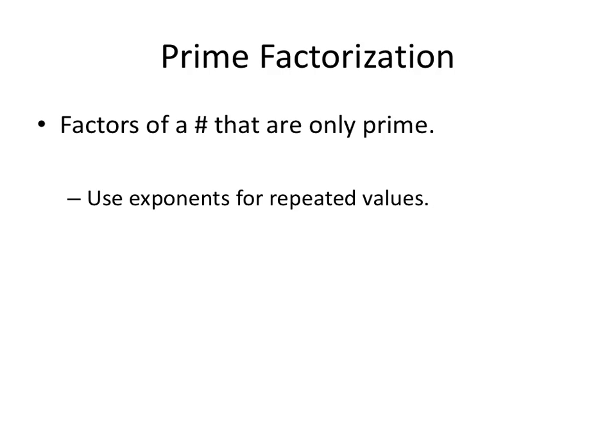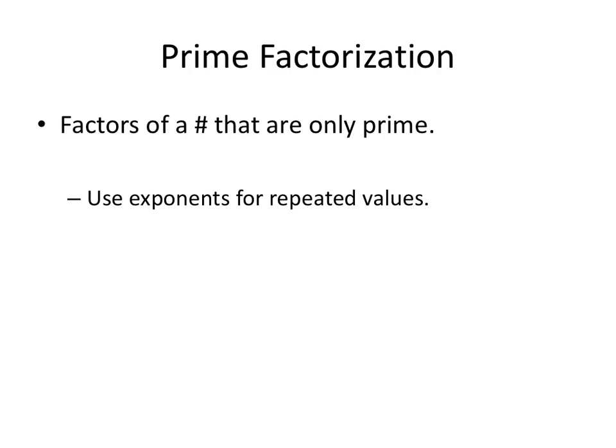So again, prime factorization is just combining the two. You should only have prime numbers in a prime factorization, but they need to be factors, right? So we need to be able to multiply all the prime numbers that are factors of that original number to get the number that we're looking for.